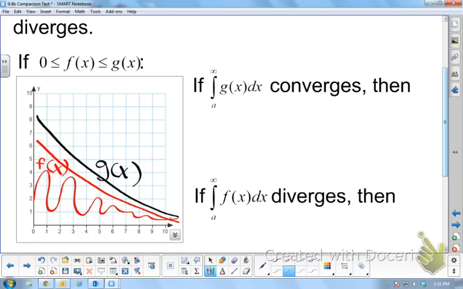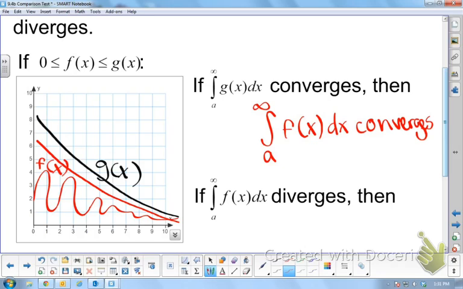So if the integral of g of x dx converges, then the integral of f of x dx converges. Again, assuming f is smaller than g. It's all based on that assumption. If we don't make that assumption, then this doesn't work.